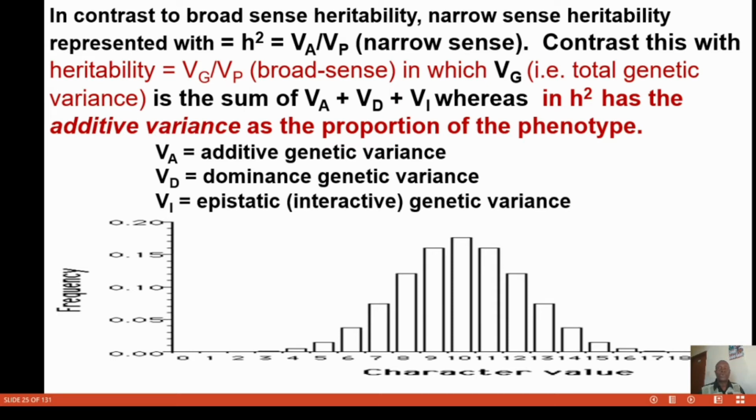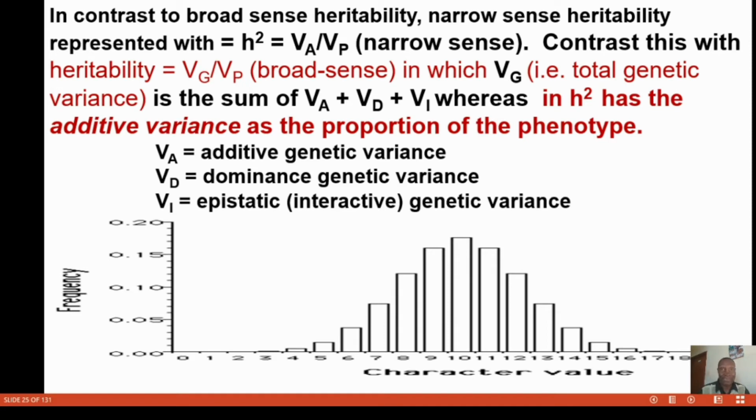So we come to the other category of heritability. We talked about broad sense heritability, where we've seen that it really is about total proportions, total genetic variance over the total phenotypic variance.